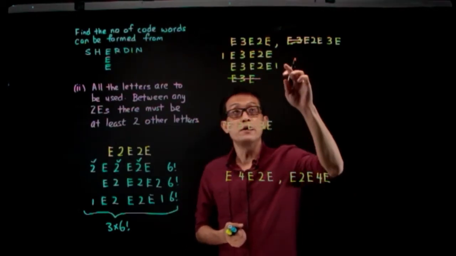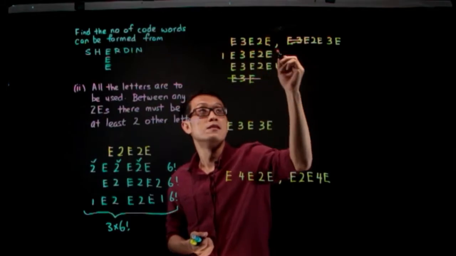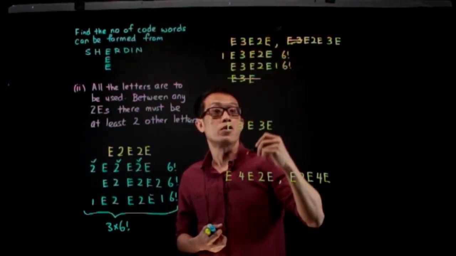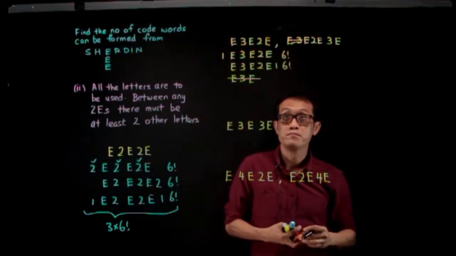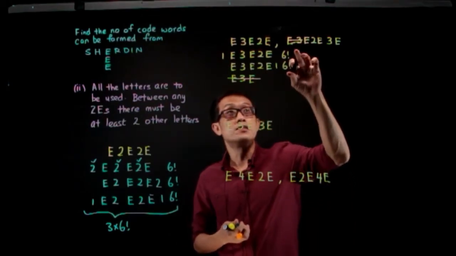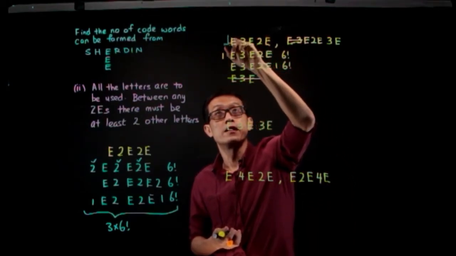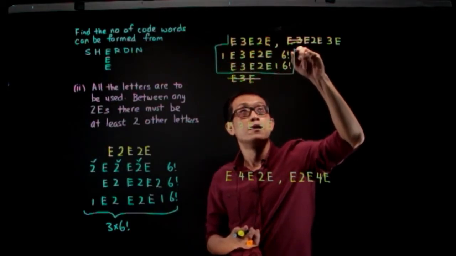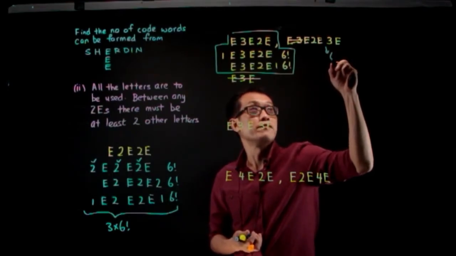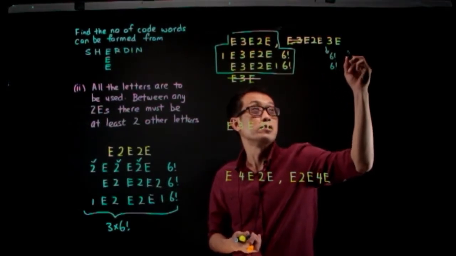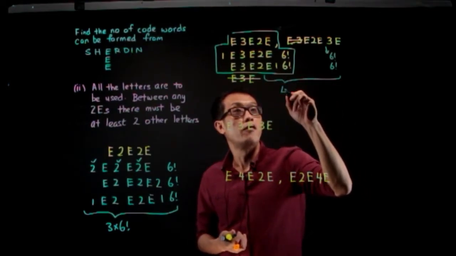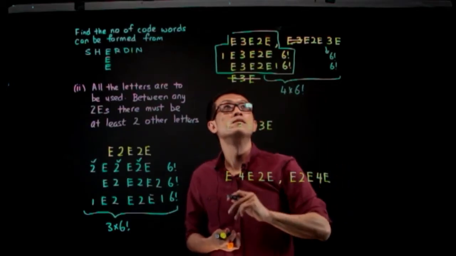Now, how many combinations are there for this? This one is 6 factorial. This is also 6 factorial. Now, this is for this part only. And how about this? This one, you will have 6 factorial and another 6 factorial. So all in all, you will have 4 times 6 factorial.